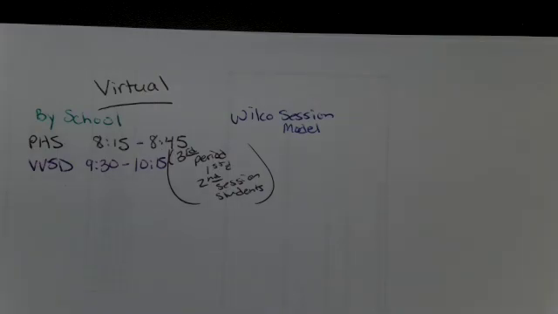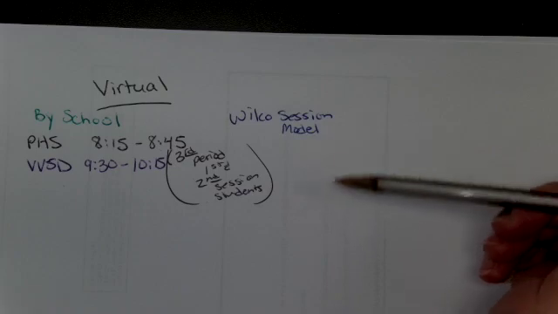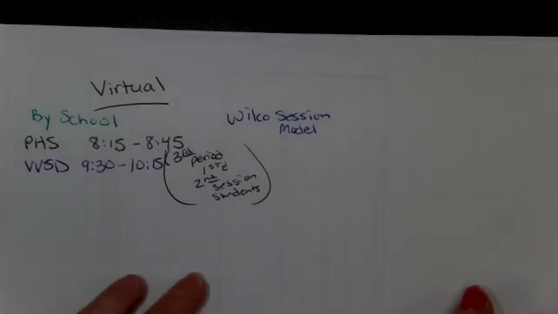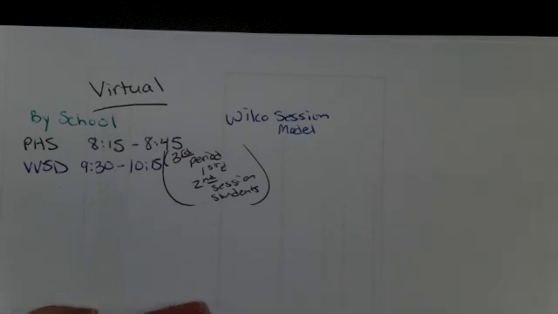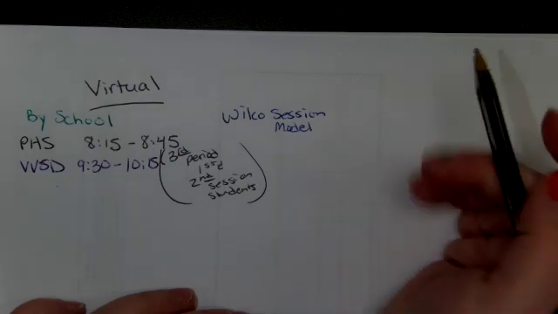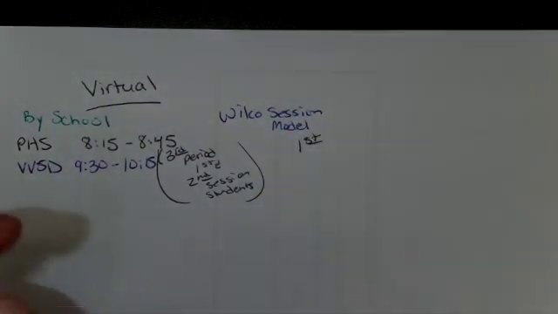Now, if you wanted, though, you could do the Wilco sessions. You could have first and second session for your Wilco students, if you wanted to keep Plainfield and Valley View students blended together. Because we looked at where those times overlap between Plainfield and Valley View, how you would do that is your first session, your first session Wilco class, right?